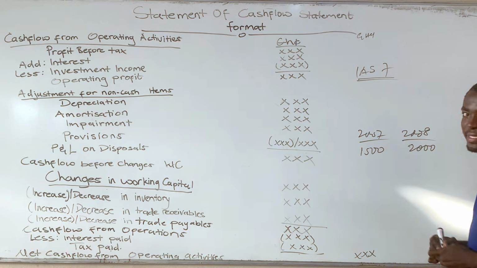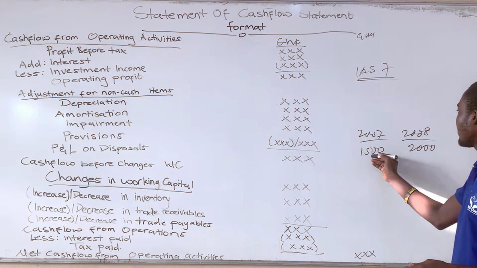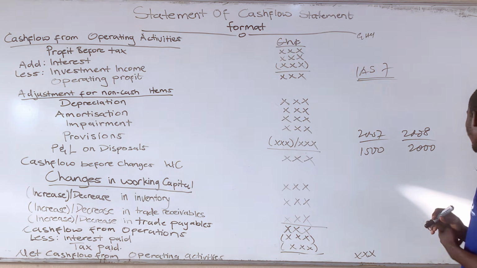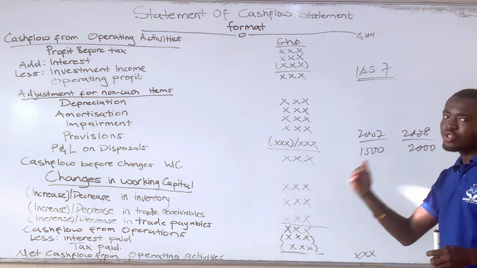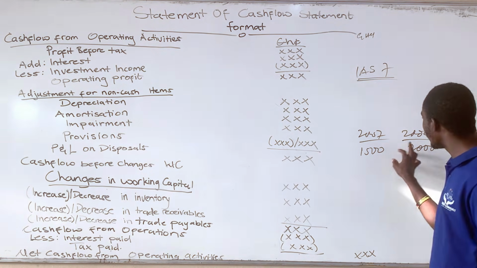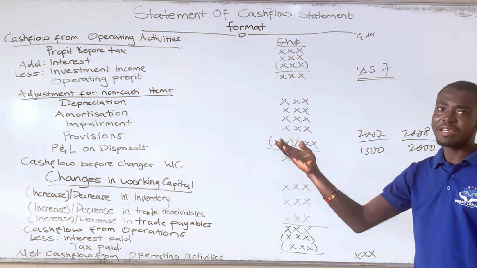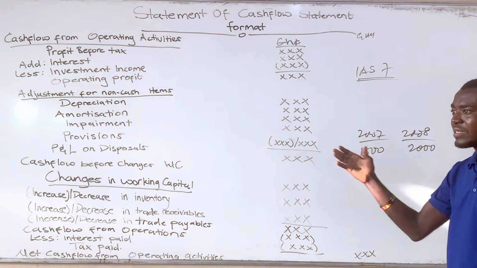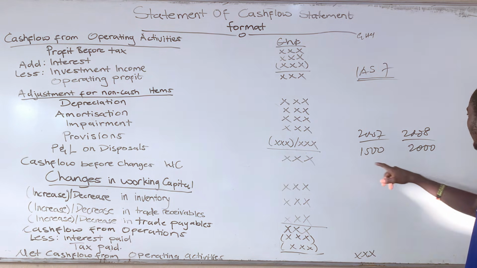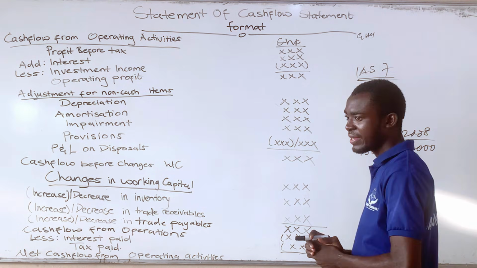Let's assume that accumulated depreciation for 2007 is 1,500 and that of 2008 is 2,000. So if there is no disposal of assets, you just find the difference between the two, which is 500, and then your depreciation charge for the year will be 500.